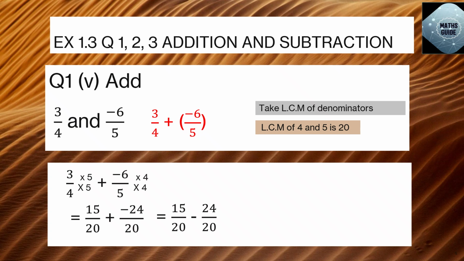Now this 15 has a positive sign and this 24 has a negative sign. So plus minus is minus, and we put the sign of the greater value. So we will put the negative sign with the answer and we will subtract them. After subtraction, we get minus 9, and the denominator will remain the same.